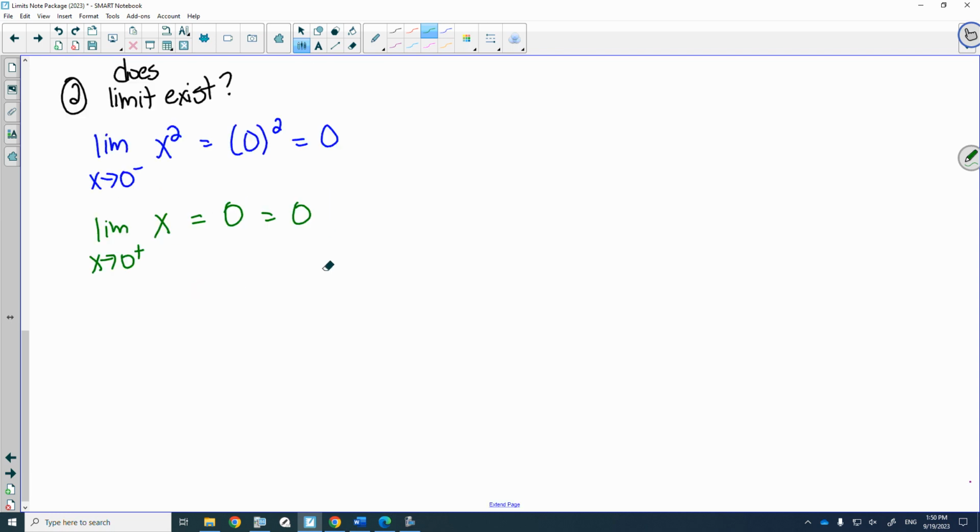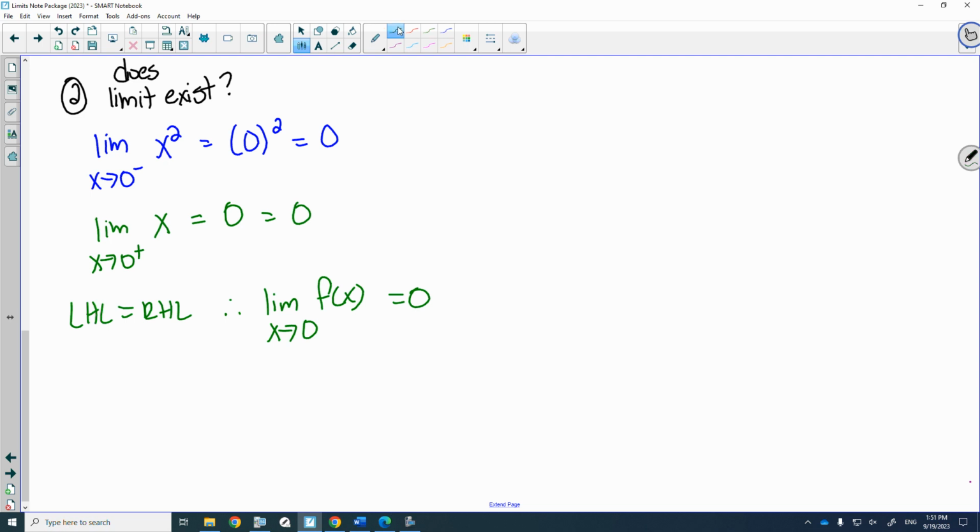Yes. If you get the same number, then we have left-hand limit equals right-hand limit. Therefore, the limit as x approaches 0 of f of x is equal to 0. So the point exists, the limit exists.